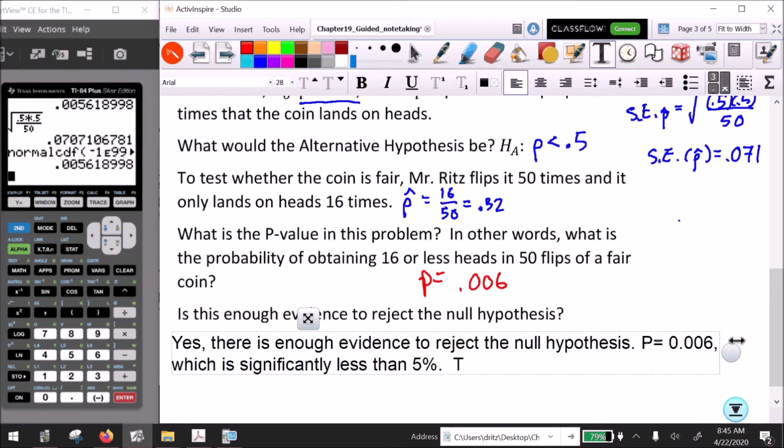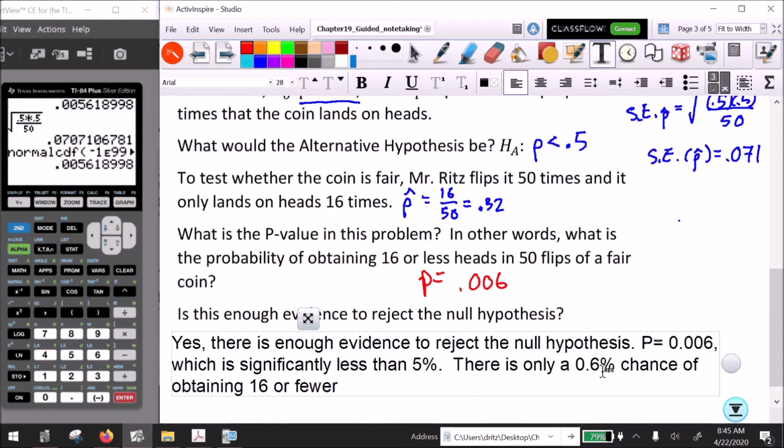And to explain further what this p-value means, there is only a 0.6% chance of obtaining 16 or fewer heads when flipping a fair coin 50 times.